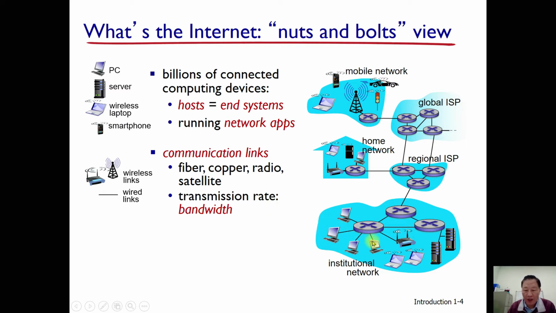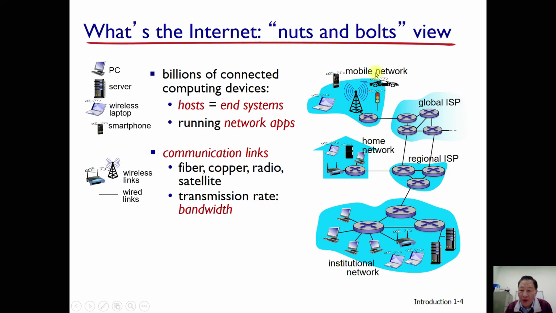Depending upon that bandwidth, the fee may be different, and the service provider bills depending upon that bandwidth also. Those performance metrics are important. We learn about them later.